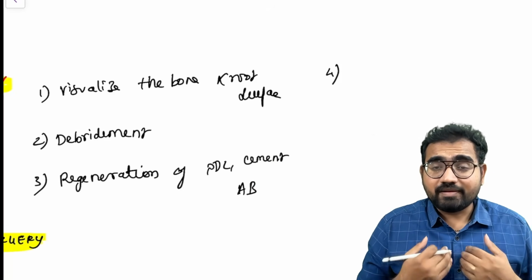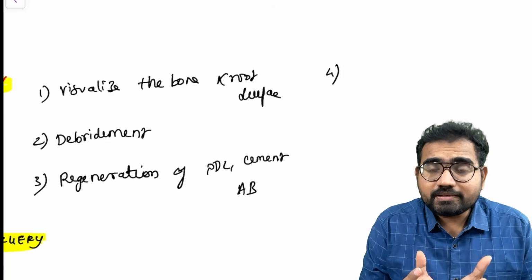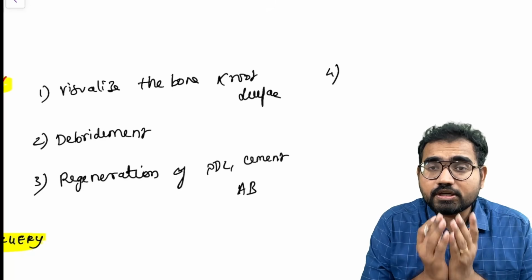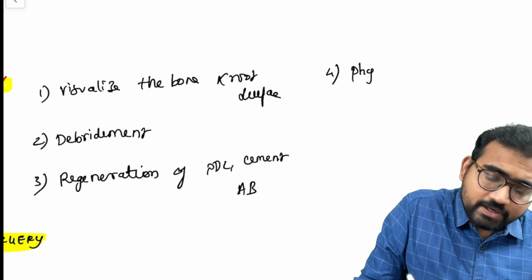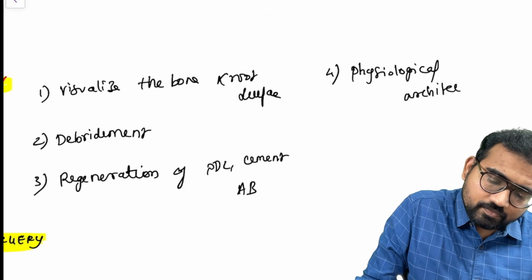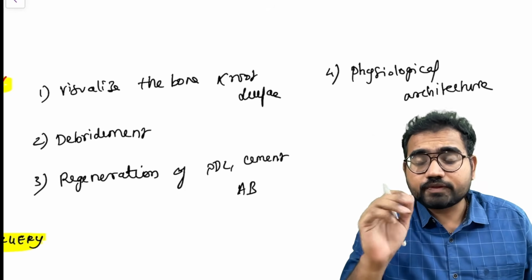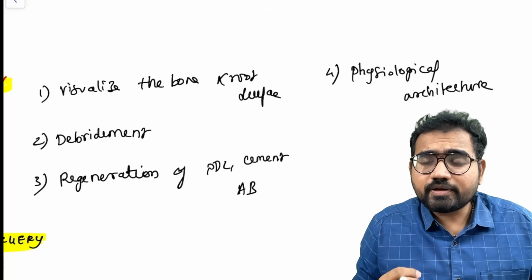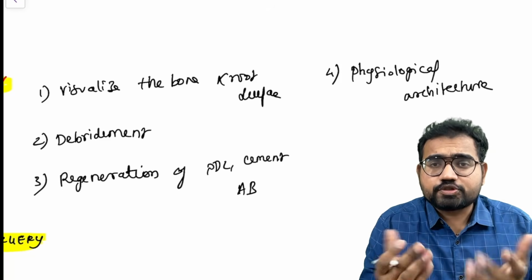So, what I will do is I will try to maintain the physiological architecture or the physiological contour of the gingiva, and I will try to restore it the same way as possible.